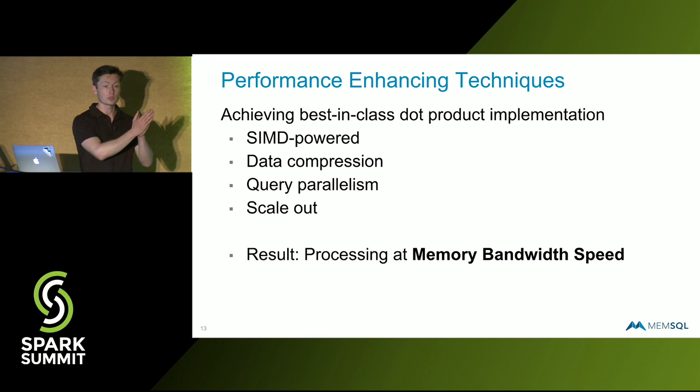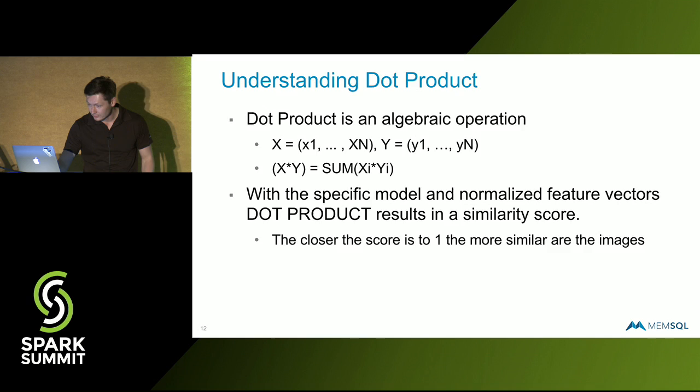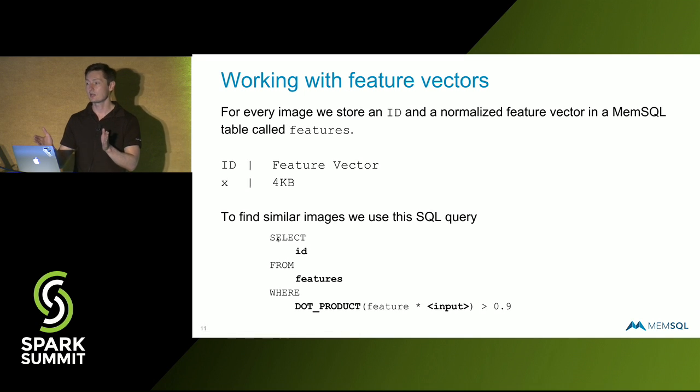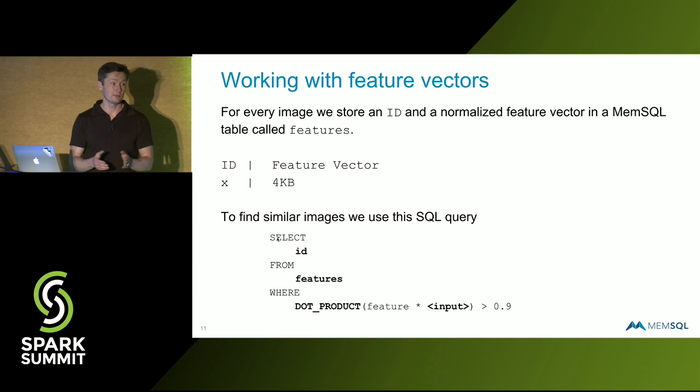You have a large database of images, and that query in database terminology is a full table scan. You need to go and touch every record in your table, apply dot product, look at the value of that product, and compare it to that constant that you specify in the query. So there's nothing you can do about it. You need to touch every row. How can you do it in real time?